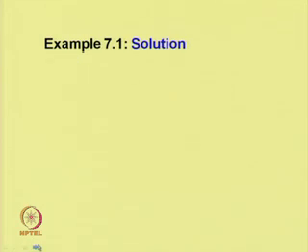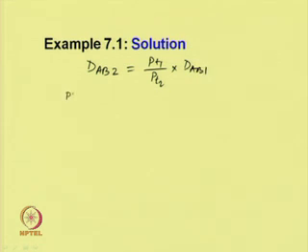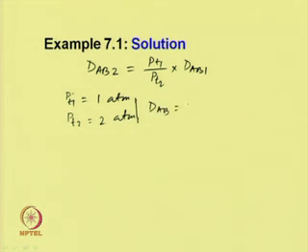So, in this problem we can write DAB2 will be equal to PT1 by PT2 into DAB1. So, PT1 is 1 atmosphere, PT2 is 2 atmosphere, and DAB we have obtained 1.156 into 10 to the power minus 4 meter square per second.